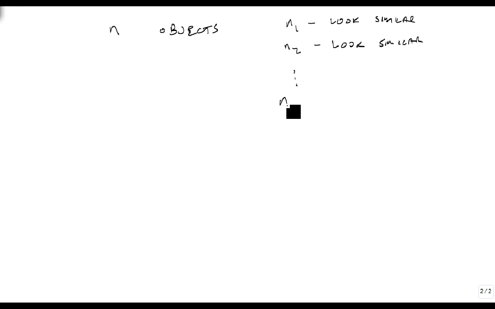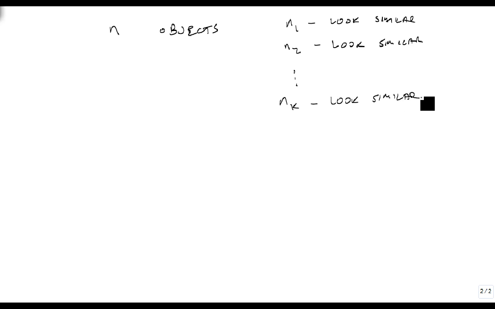Suppose that we have n total objects, and that n1 all look similar, can't tell them apart, n2 look similar, can't tell them apart, dot dot dot all the way down to nk, so that we could have k different types.